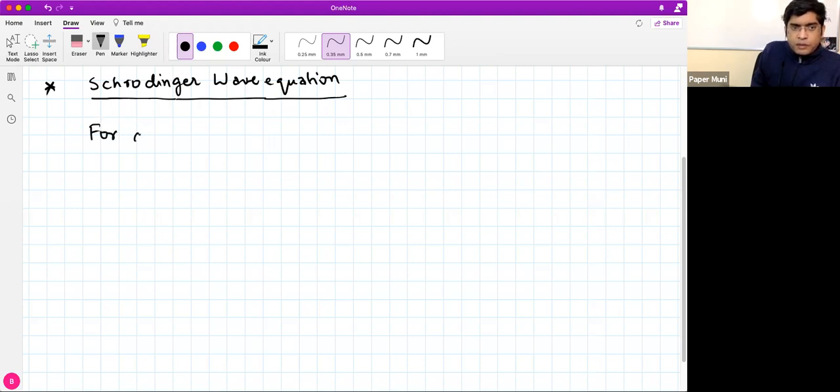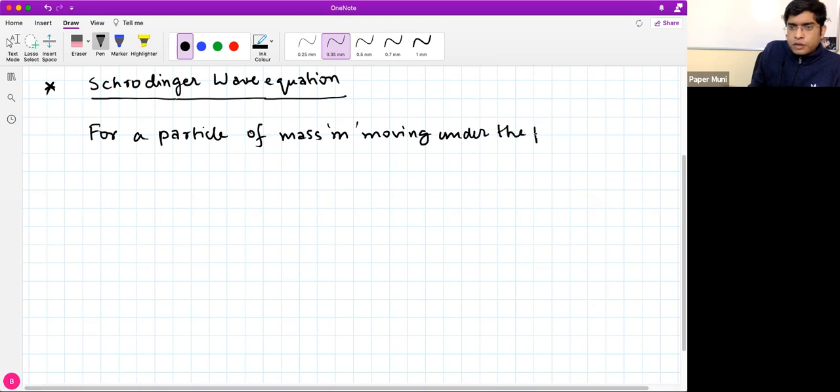So we have a particle of mass m moving under the potential. Whenever I mention potential, this is actually the potential energy.